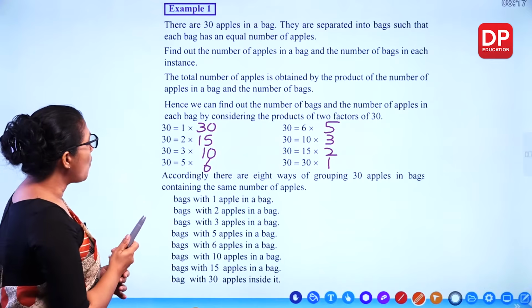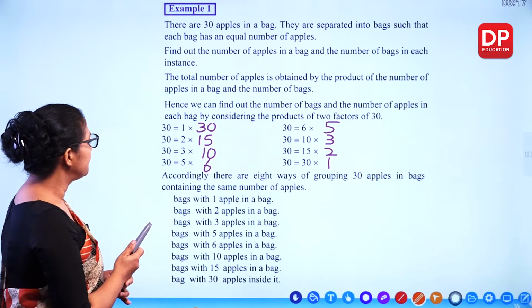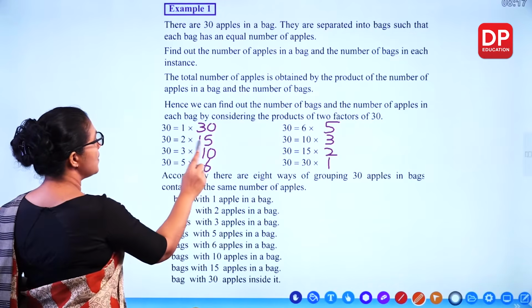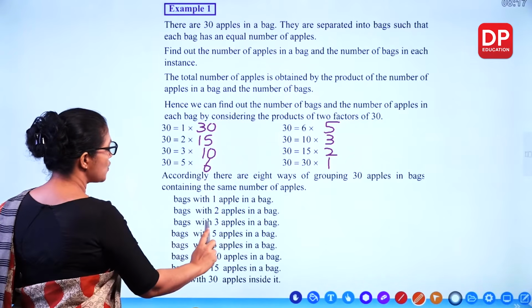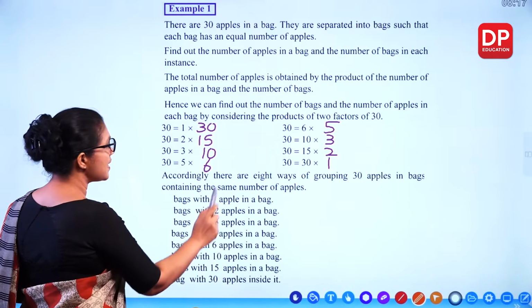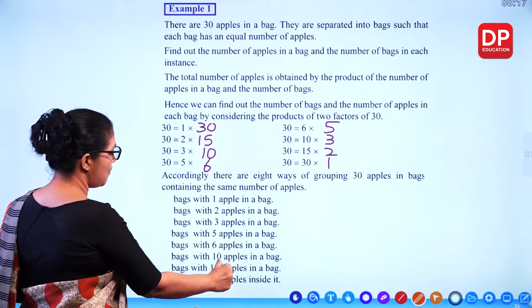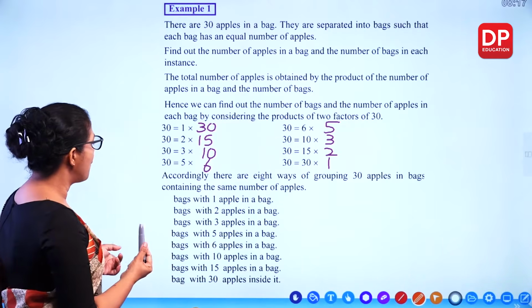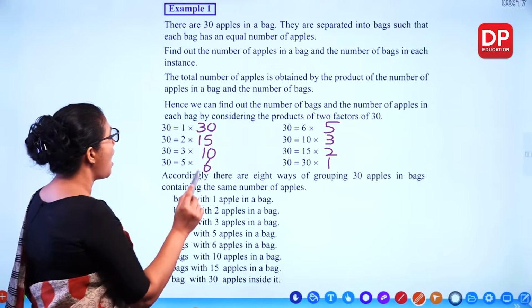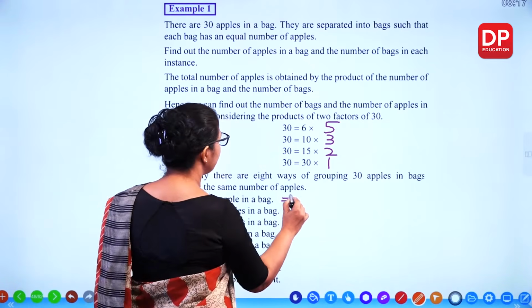So bags with 1 apple in a bag, and bags with 2 apples in a bag, bags with 3 apples in a bag and bags with 6, 10, 15, 30. So if there are bags with 1 apple, how many bags are there?